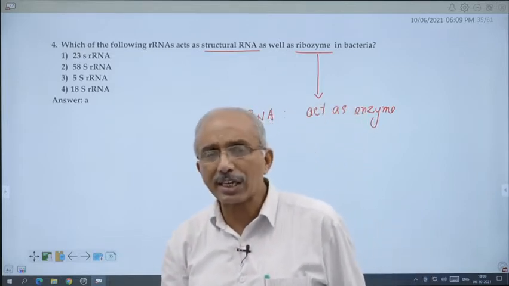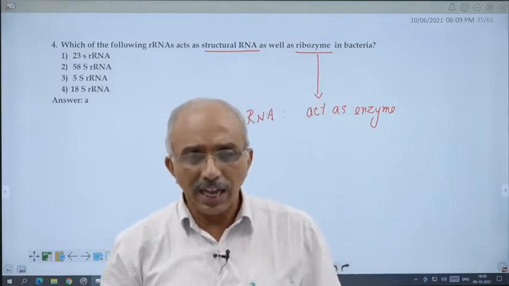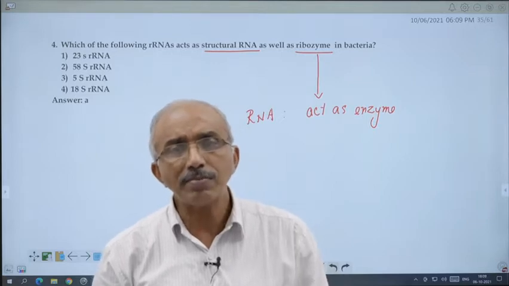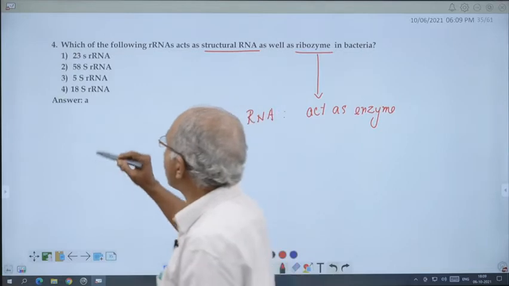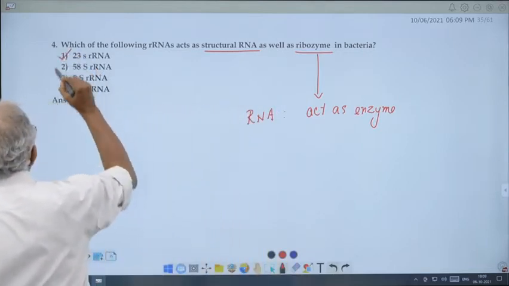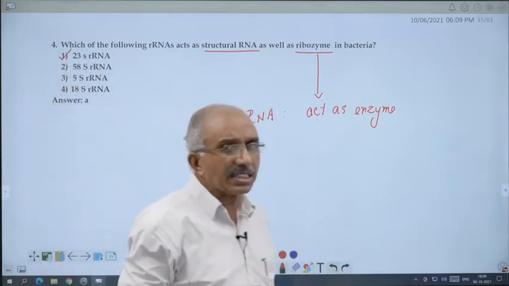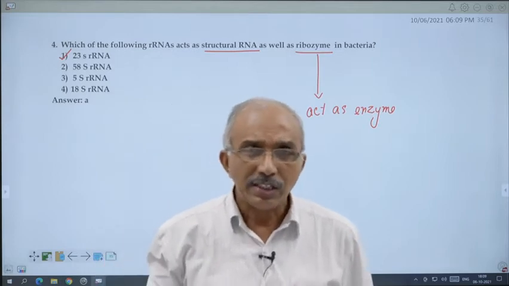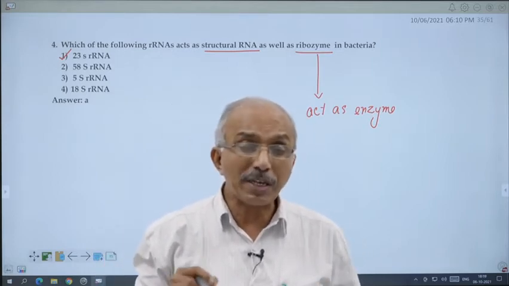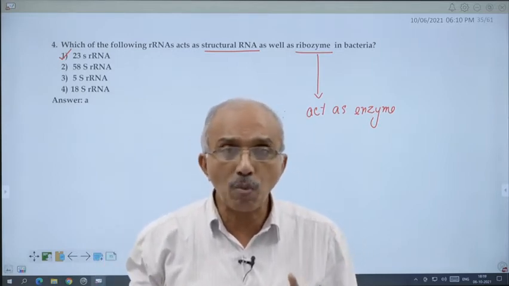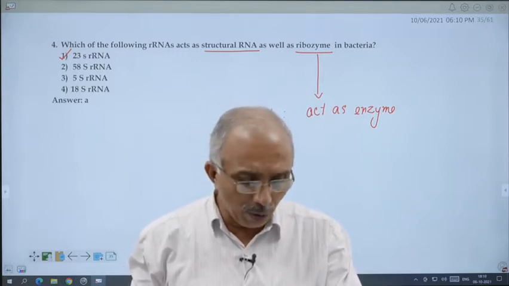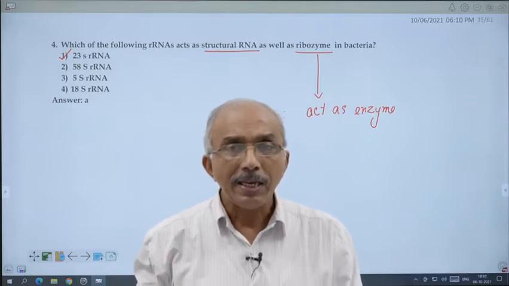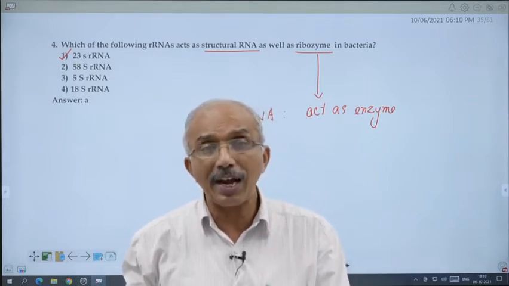In the NCERT textbook, in the translation part, that is in protein synthesis, this example is given: 23S rRNA. This RNA is present in the ribosome of bacteria. Since it is present in the ribosome, it is a structural RNA.